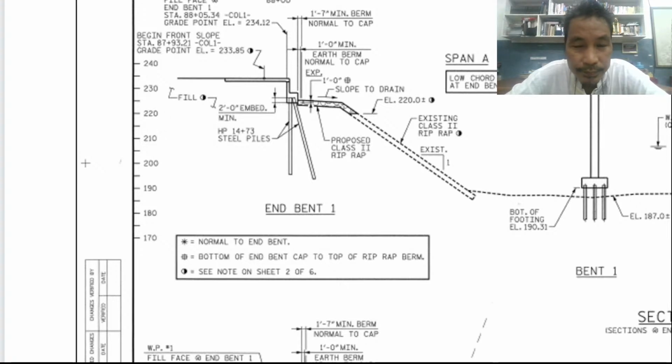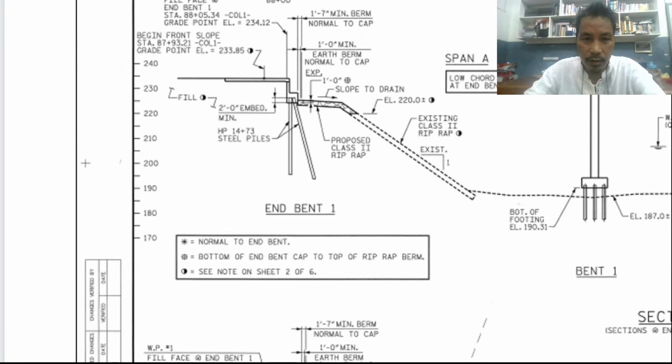Is it better now? Medyo okay na po. Okay, so at least it became better. So I will still enlarge it two clicks.